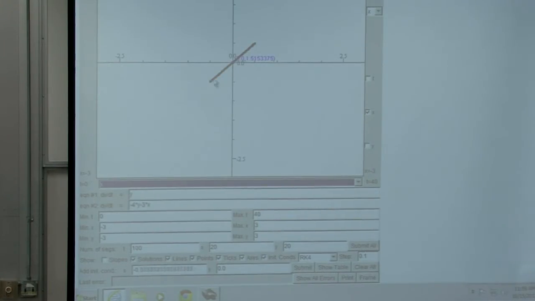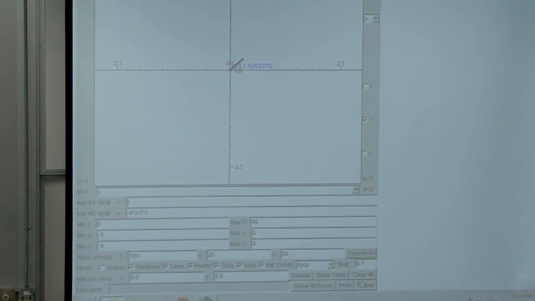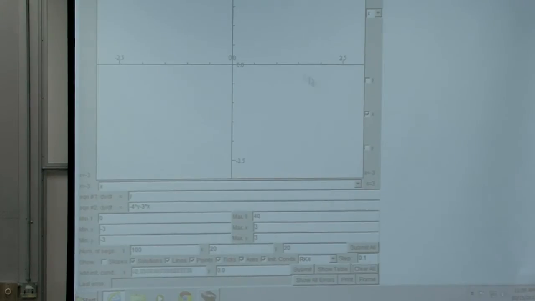Because I've given it a wrong initial condition, I'll submit all and clear all. Now I want to go back to this case again. First of all, I've done 40. I want to just go to 5 here. So, clear all.